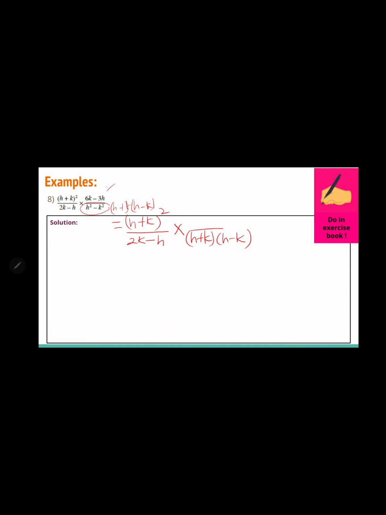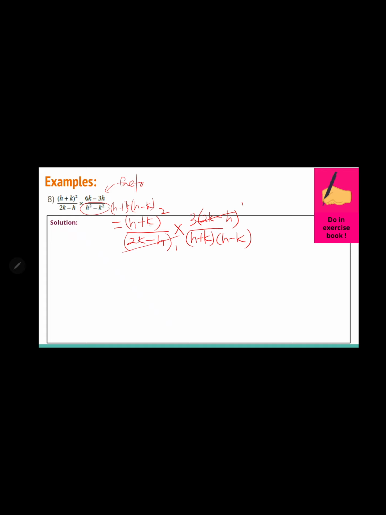Now here, this one I can factorize. Factorize 6, so 3, 2k minus h. Wow, see? It's 2k minus h. So this and this cancel off.